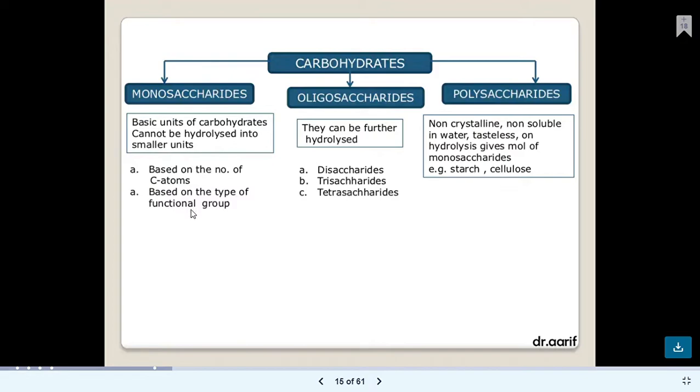For example, you have glucose and fructose. Oligosaccharides can be further hydrolyzed. Disaccharides means two sugars, trisaccharides means three sugars, and tetra means four sugars.